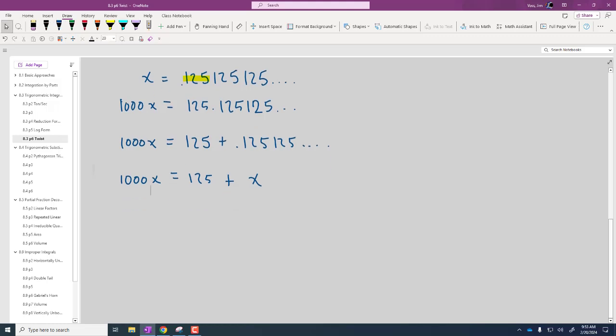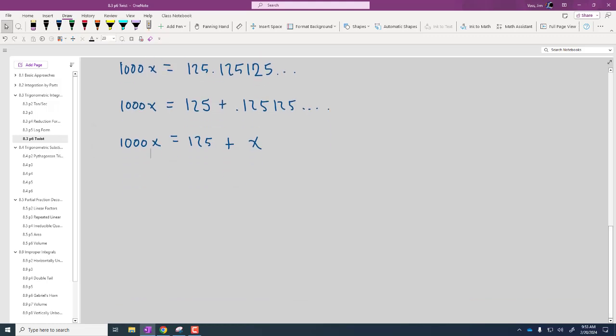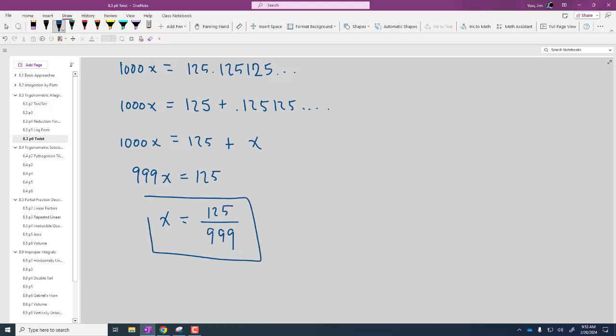And all of a sudden that 999 is jumping out at us. If we subtract x from both sides, this is the fun stuff in algebra that's barely ever taught anymore. Then we have that. So that's how we get to our fractional form, our rational form.